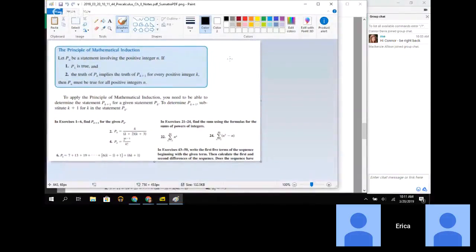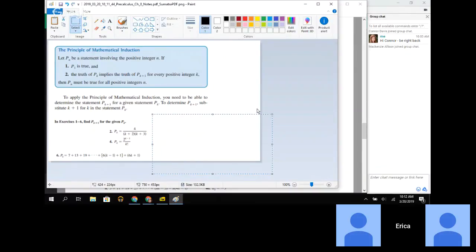Okay. So what I mean by baby stepping into it is not drawing random black lines. One of the important parts of mathematical induction is that if we have some P sub k, some value, we need to be able to figure out what P sub k plus 1 is. Okay, and so you'll see here in the first few problems, they give you some P sub k, and they want you to figure out what P sub k plus 1 is.